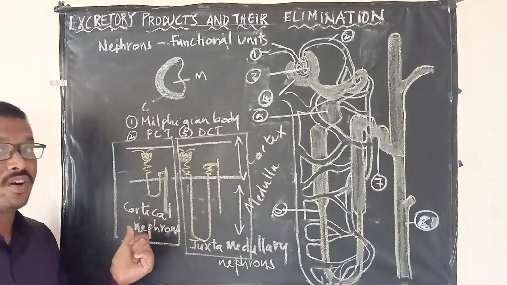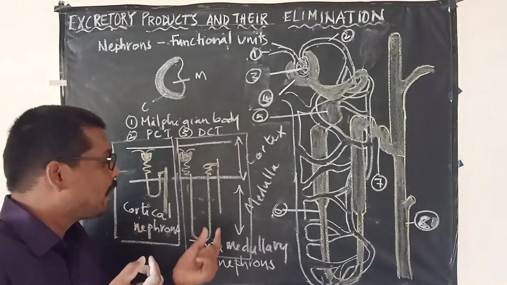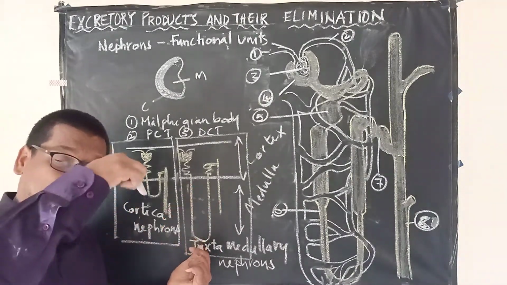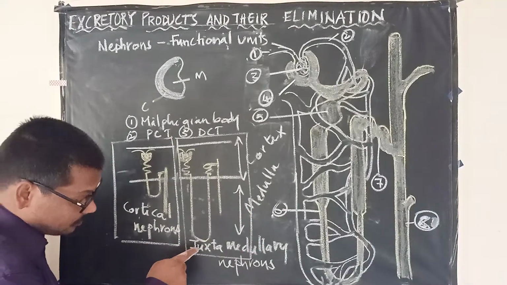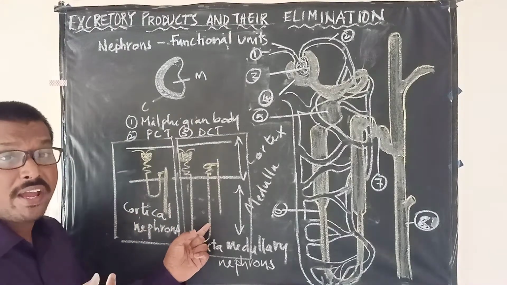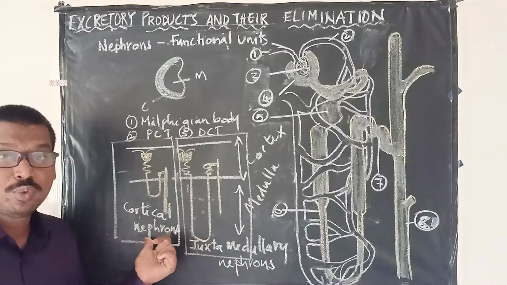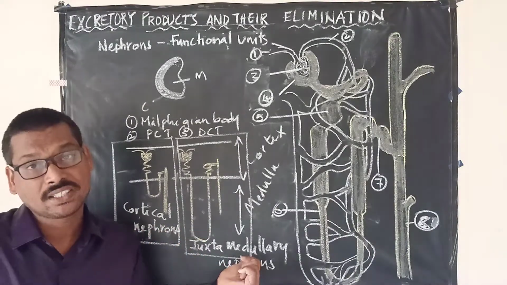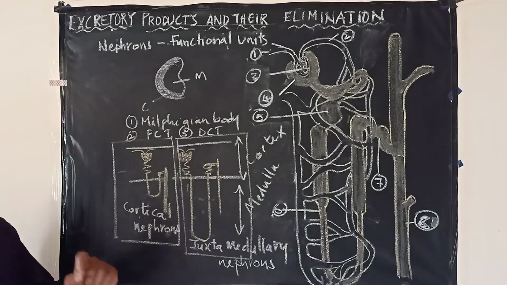Majority of the nephrons are cortical nephrons. In some other nephrons, a major part of the Henle's loop is present deep inside the medulla, and they are called juxtamedullary nephrons. So based upon the Henle's loop, nephrons can be of two types: cortical nephrons and juxtamedullary nephrons.